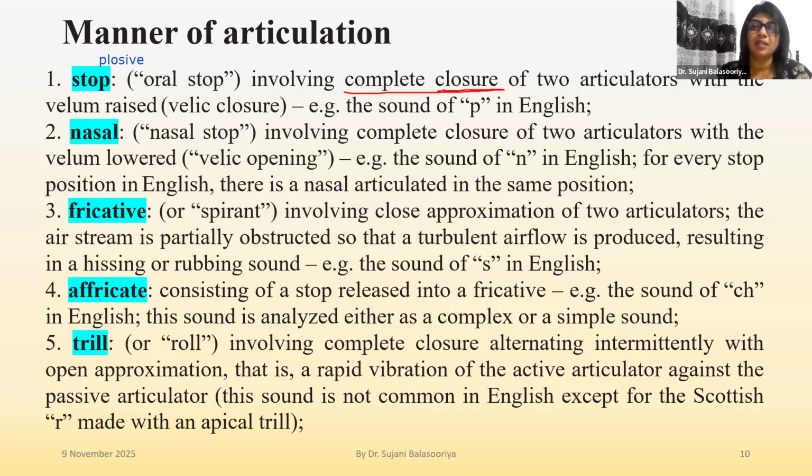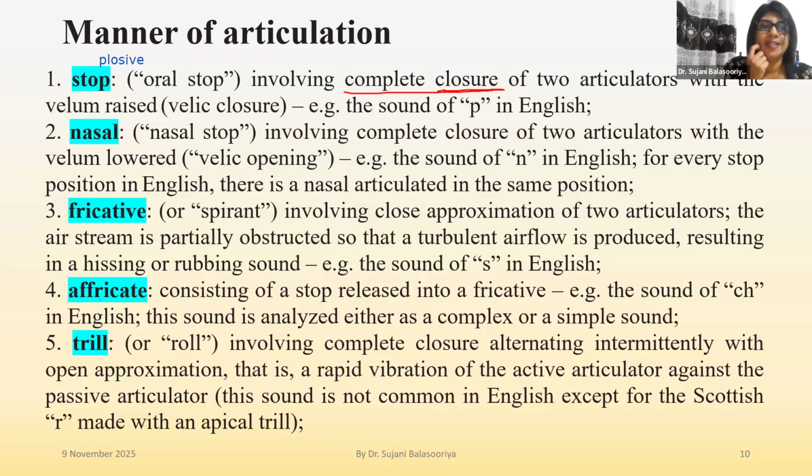And remember, we block the airstream using the 2 articulators, and these 2 articulators can be at any place inside the vocal tract. Which means this complete closure, complete blocking can take place anywhere in the vocal tract.